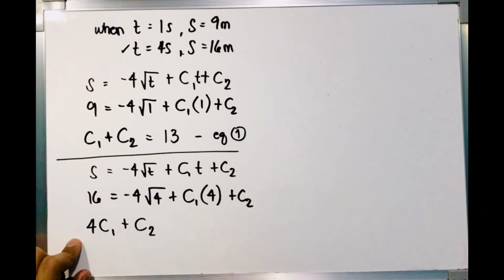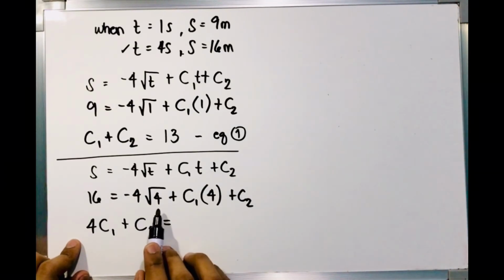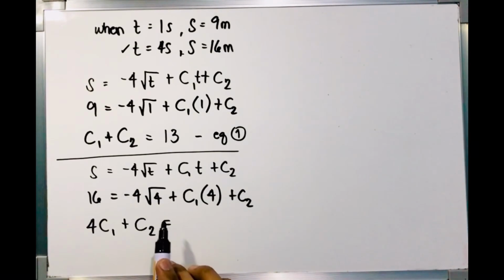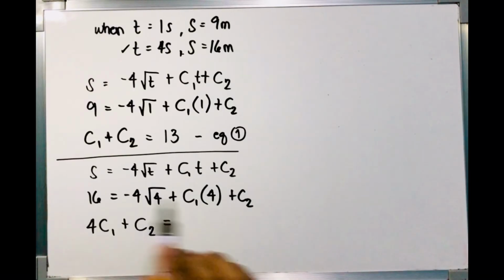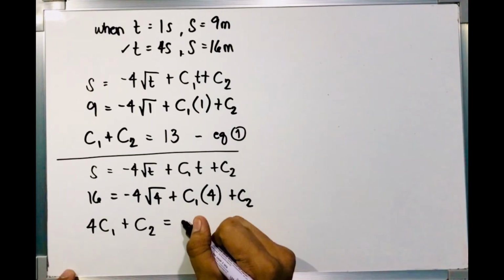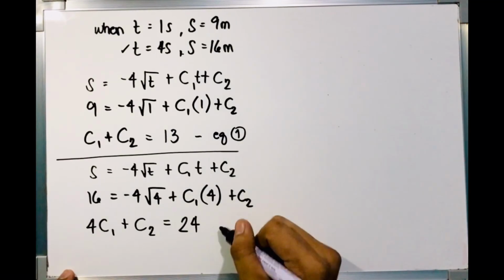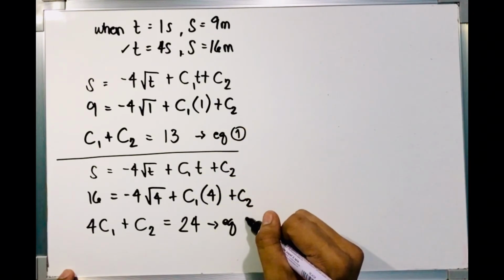Is equal to 16 minus negative 4. What's the square root of 4? That's 2. So 2 times 4, that is 8 or negative 8, di ba? Kasi negative 4 siya. At itatranspose natin siya sa kabilang side at magiging siyang plus. So 16 plus 8, that's 24. Okay? And this is our equation 2.